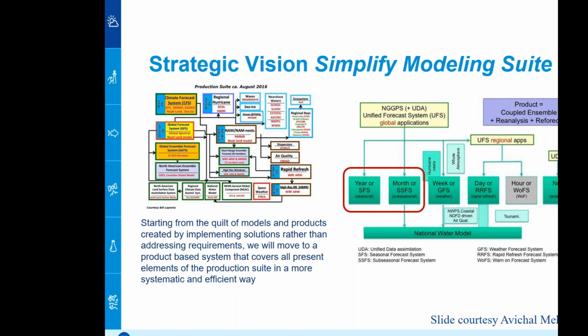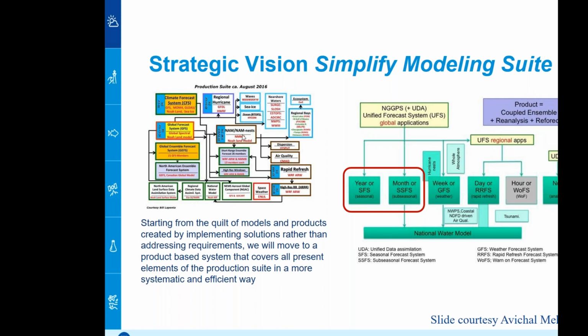And this is in close alignment with this strategic vision driving the unified forecast system of simplifying the operational modeling suite. And this is a picture that various people have been using for a few years now to illustrate just how complicated the prediction suite is or was, and all of the different interacting pieces.